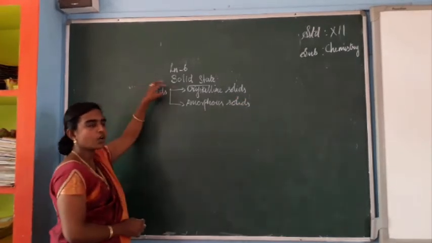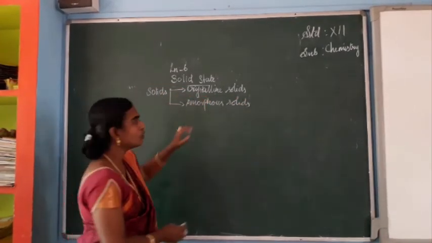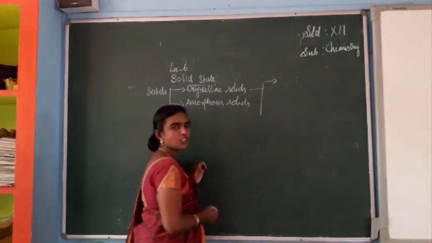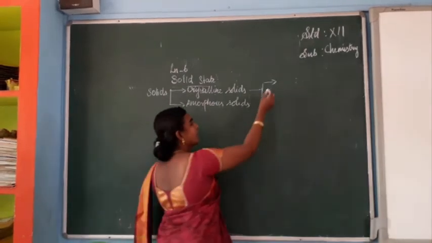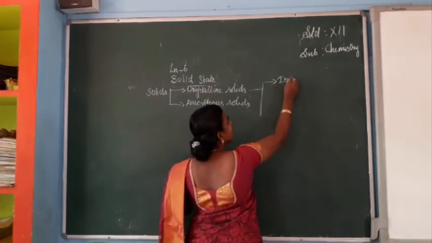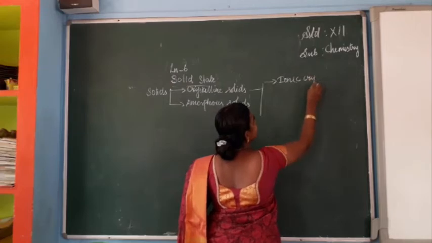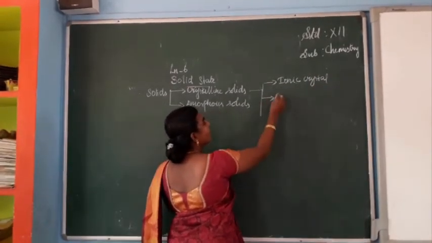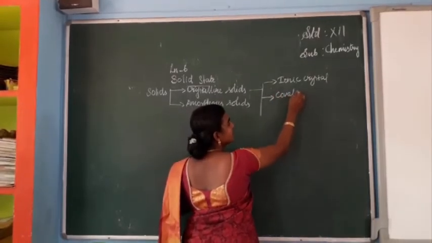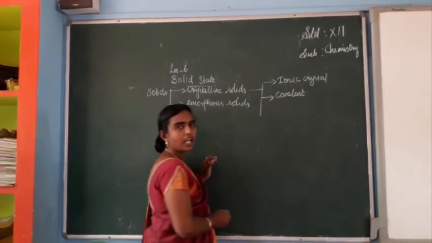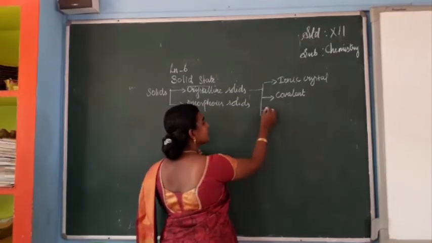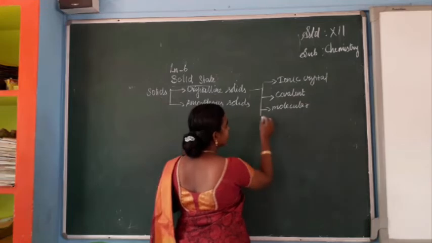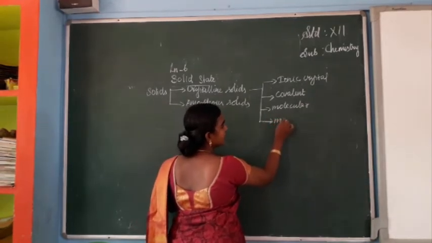So crystalline solids are classified into, what are the classifications of crystalline solids? Ionic solids, ionic crystals, covalent crystals, and molecular crystals, and last is metallic crystals.